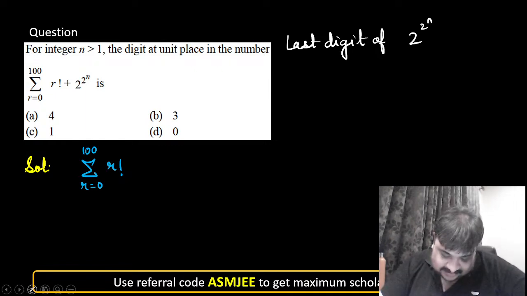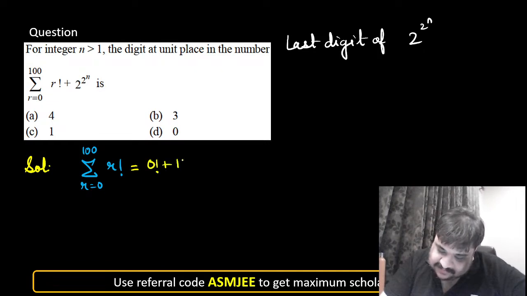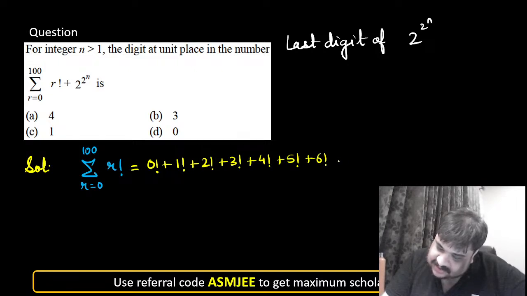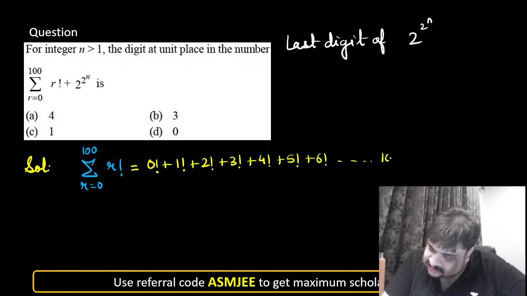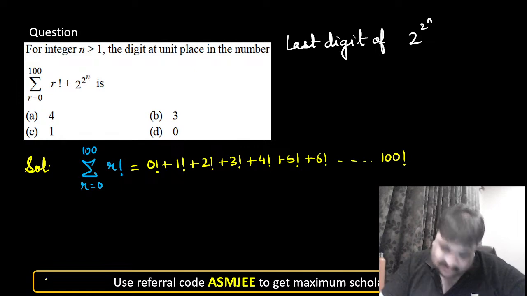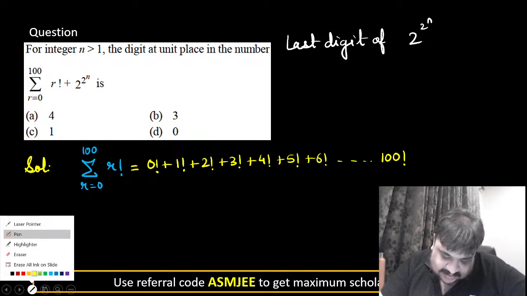Now see, this is a very easy, good question. Summation of r factorial: it is 0 factorial plus 1 factorial plus 2 factorial plus 3 factorial plus 4 factorial plus 5 factorial plus 6 factorial and so on. The last digit of factorials is very cool, guys.